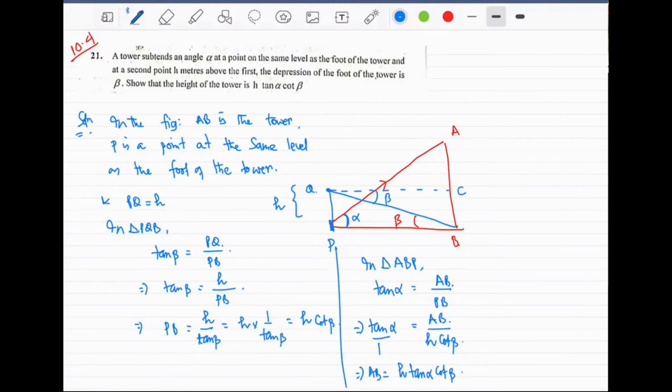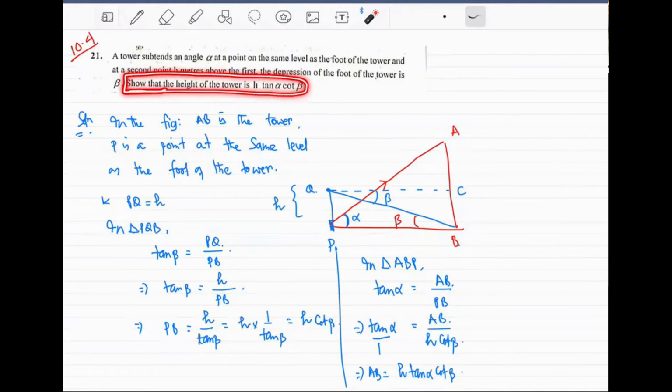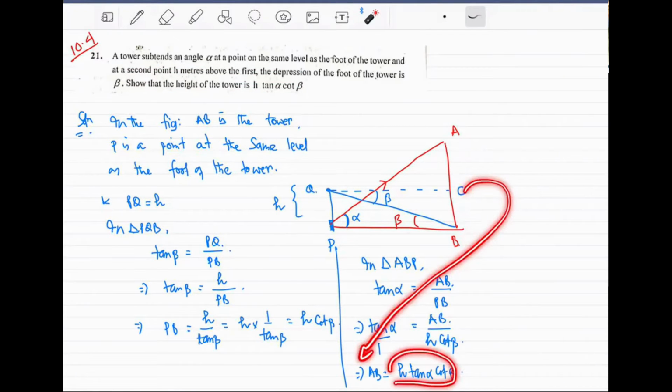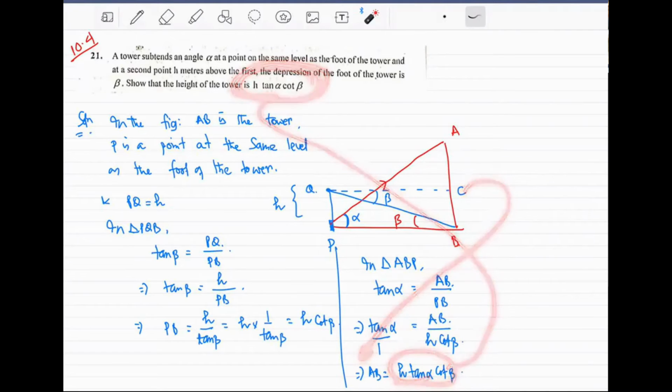Right. What was our goal? Our goal was to show that the height of the tower is this much. Where is the tower here? Tower is AB, right? So AB, we have obtained as H tan alpha cot beta, exactly the same as this one. So the height of the tower is H tan alpha cot beta, as mentioned here.